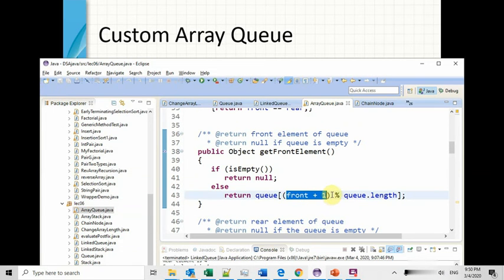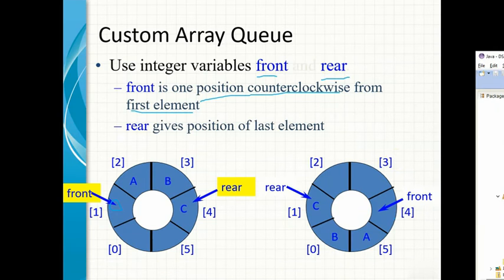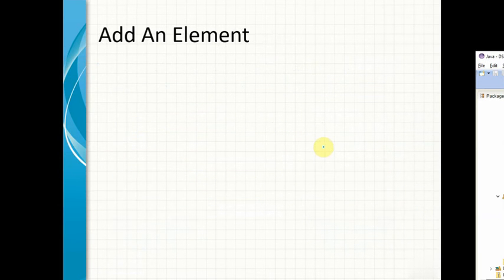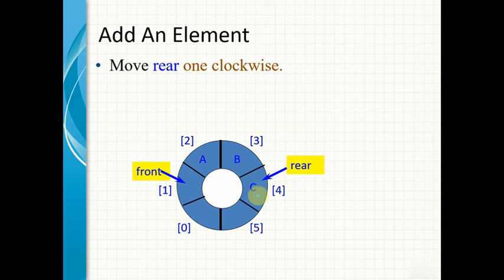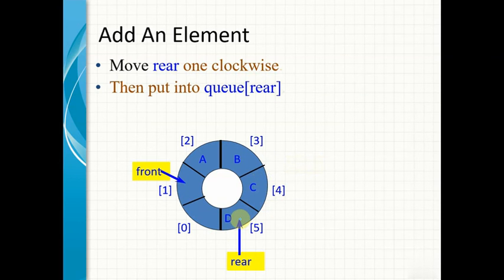But you can see that it is modulus with the queue length, so that it loops back to index 0 if needed. So if you need to add an element, the rear will move one position clockwise, just like this. One element is added and put at the queue rear.